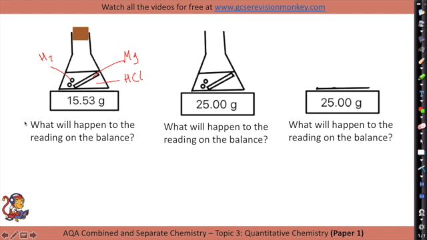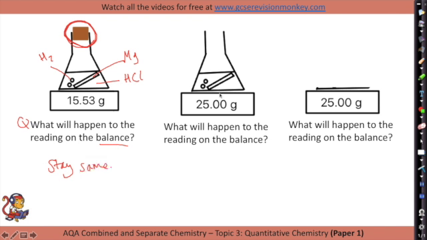And the question says, what will happen to the reading on the balance? Well, in this case, we need to look carefully at the diagram. There is a lid on the conical flask, which means that none of the reactants or products will escape. So nothing will happen to the reading on the balance. It will stay the same.